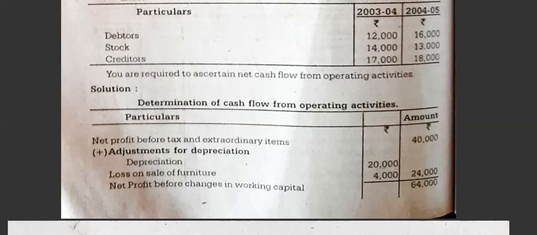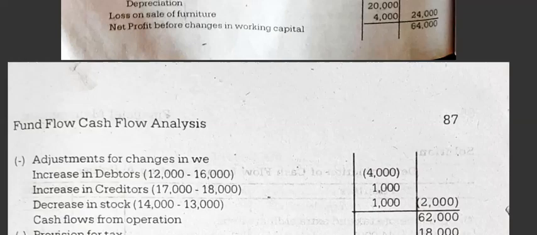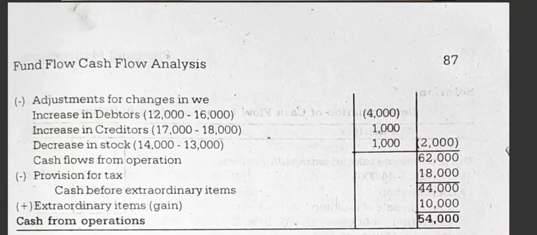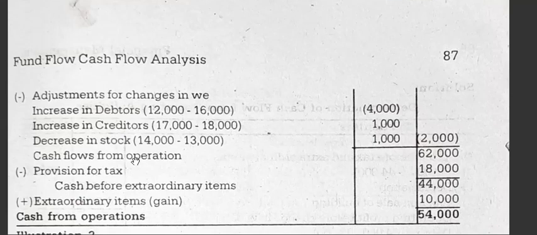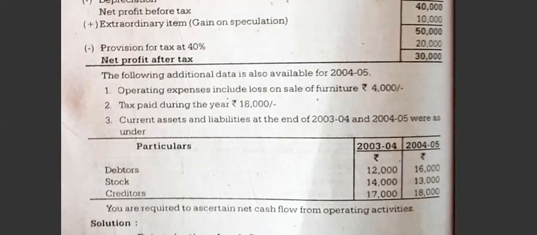Next, you have to take the adjustment for changes in working capital. Any adjustment for working capital you have to write here. Working capital in the sense of all the current assets and current liabilities. In the problem, they have given debtors for 2 years, stock for 2 years, and current liabilities for 2 years.